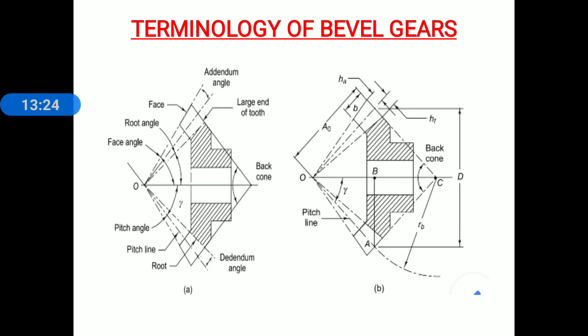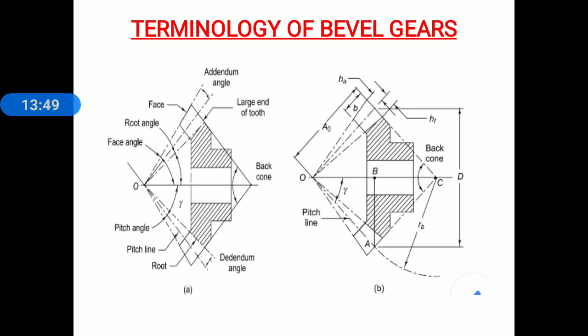Pitch angle, pitch line, face, root, face angle, root angle, addendum angle, dedendum angle, and the important thing, large end of tooth. Observe the large end of tooth, that is a very important point in bevel gear. This is figure A.